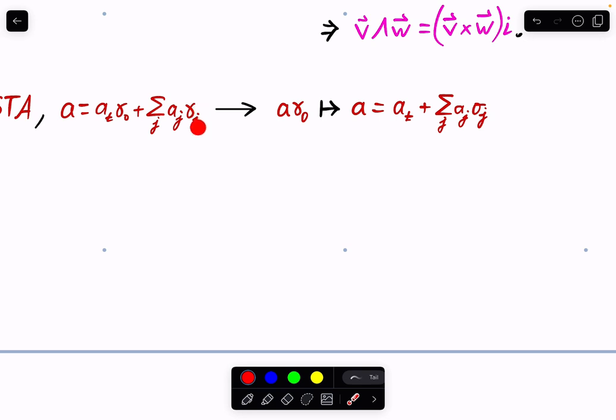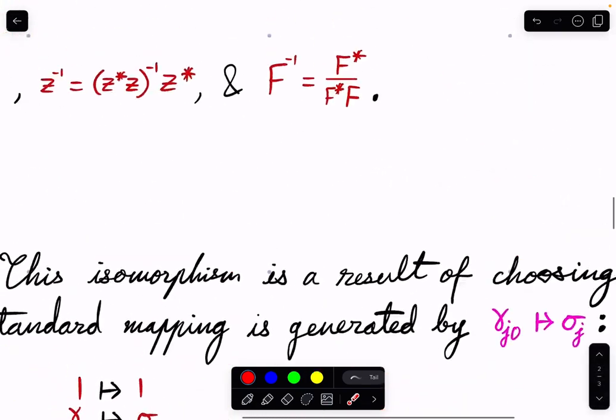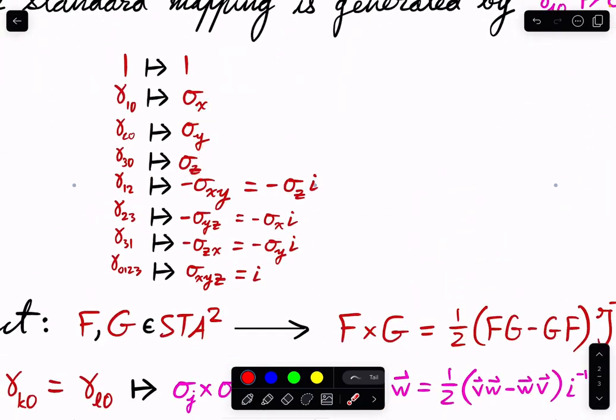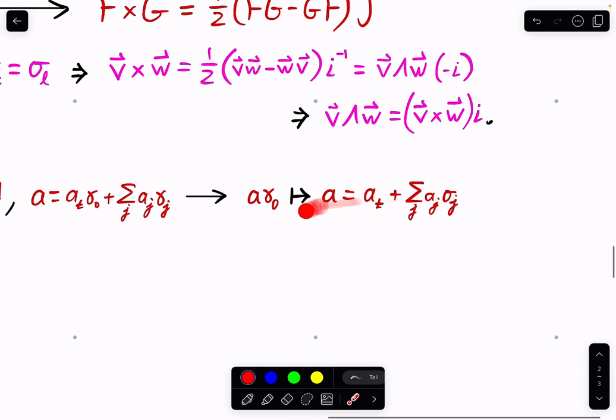But then the gamma_0 multiplied on the right hand side just maps to these right here. So you end up with a paravector.